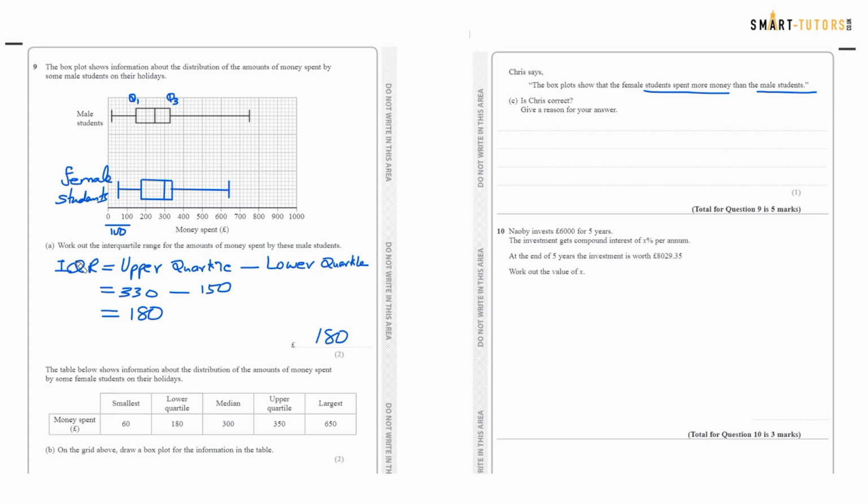The median of the male students, I can't clearly read that one. What's that one? So 2.5 boxes, so 250. So the male student median is 250, and for girls the median is 300. So definitely females spend more. So is Chris correct?